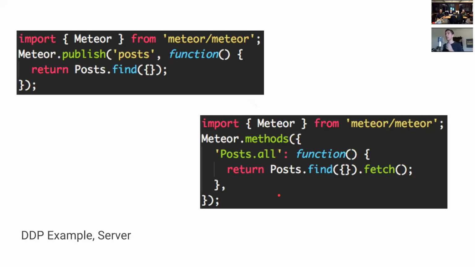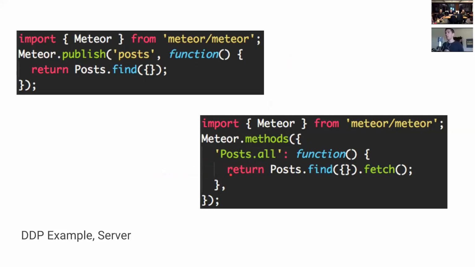And then down here in the bottom right, we've got a Meteor method. And depending on how you've used Meteor in the past, this might look a little different to you, because typically you would pass data between client and server via a publication rather than a method. So in this case, everything's basically the same. It's just we would call or get the data from this method rather than subscribe to it with a publication.